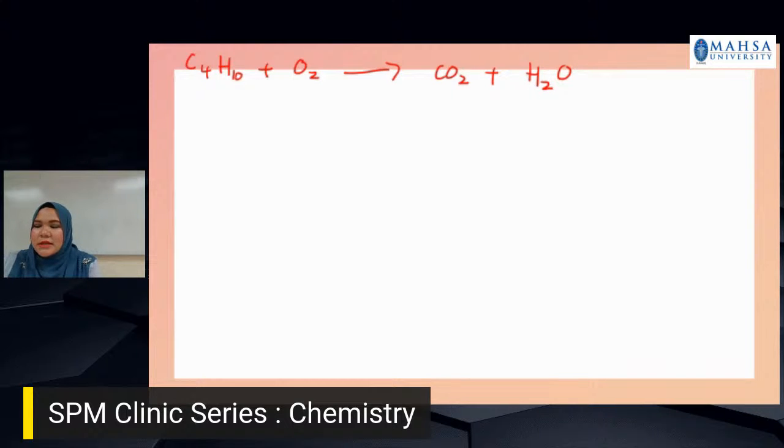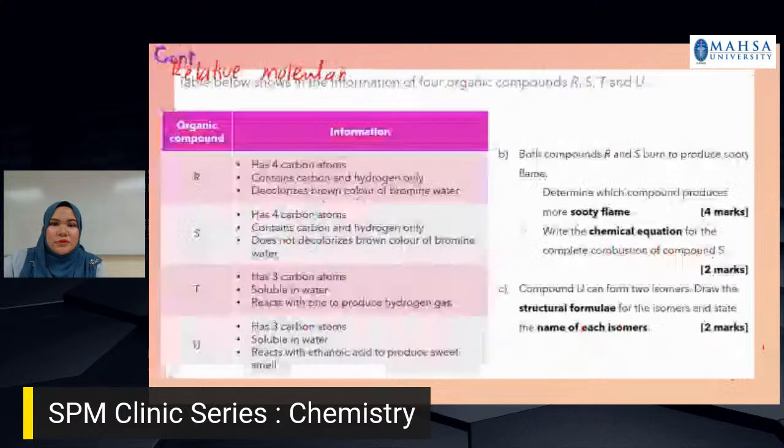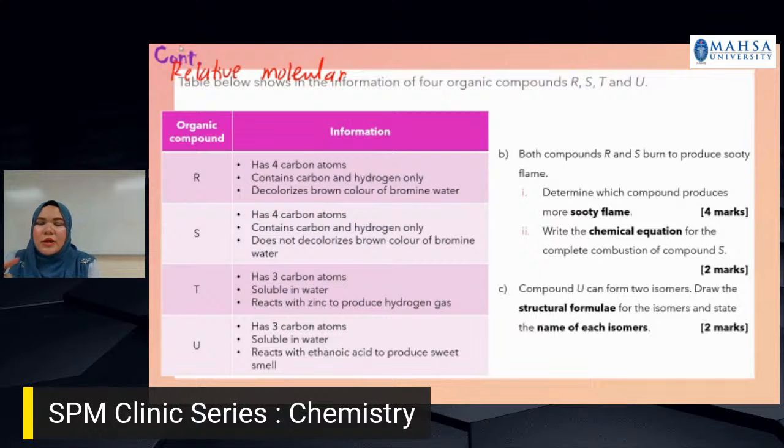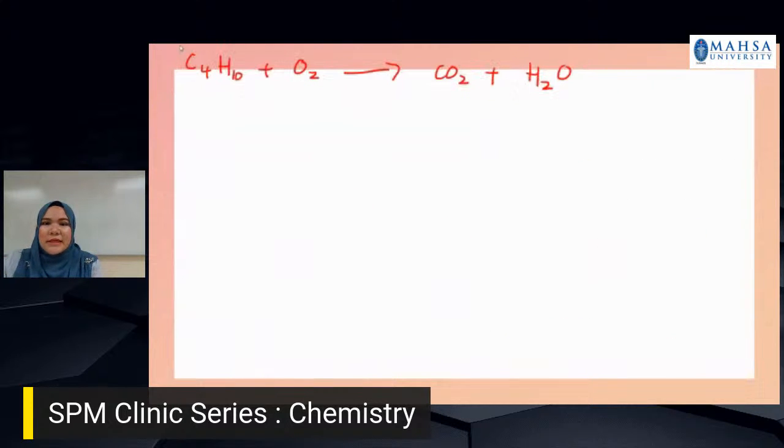The question is how do I know whether it is CO2 plus H2O, or CO plus H2O, or CO2 plus H? According to the information given in the question, it stated complete combustion. Complete combustion of a hydrocarbon will always give you carbon dioxide and H2O. So the keywords there are complete combustion.